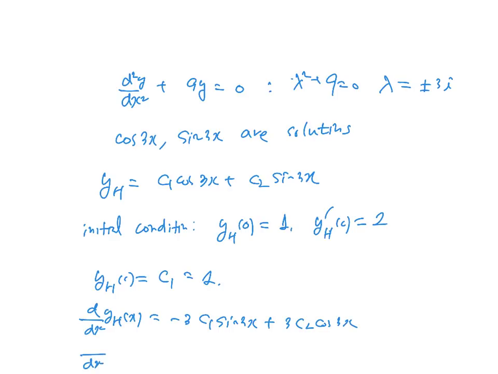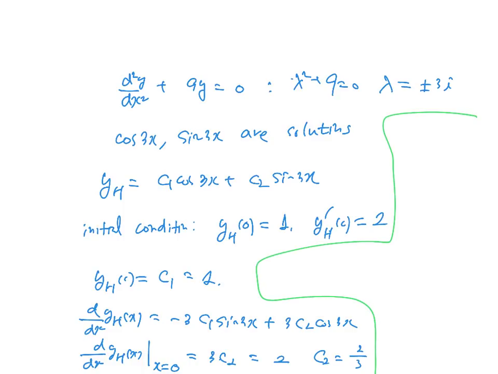So at x equal to 0, sine is obviously 0, so we have 3 C2 equals 2. So C2 is 2 over 3. So the solution is y_h(x) equals cosine 3x plus 2 over 3 sine 3x. Nice. Since it looks like I'm going too fast, maybe we can take a break for 5 minutes.